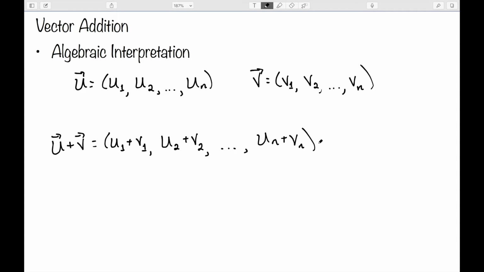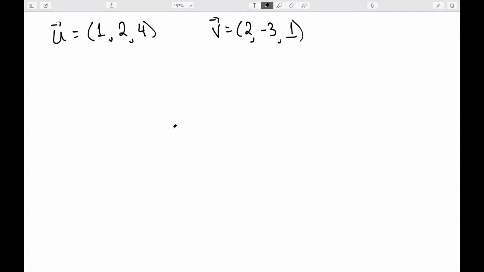In this case, if I want to add the two vectors, I add things that are in corresponding positions. So I add u1 plus v1 to get the first entry. The second one would be u2 plus v2, etc., all the way up to un plus vn. So let's look at an example of this. Let's suppose we have two vectors. u is the vector 1, 2, 4, and v is the vector 2, negative 3, 1.